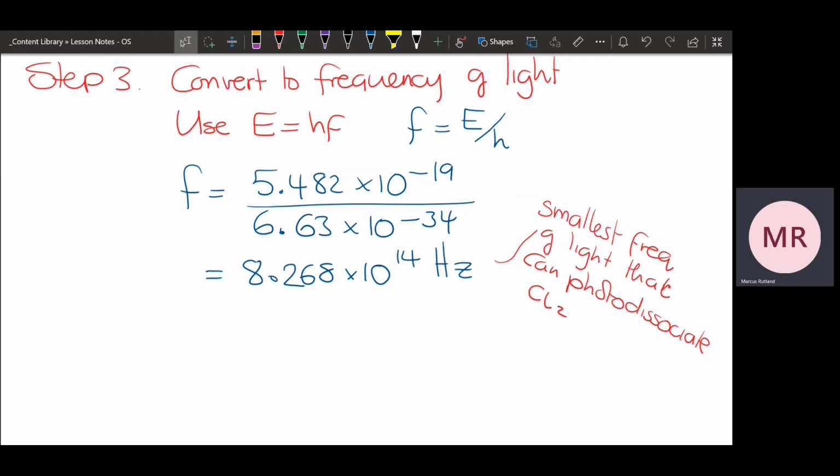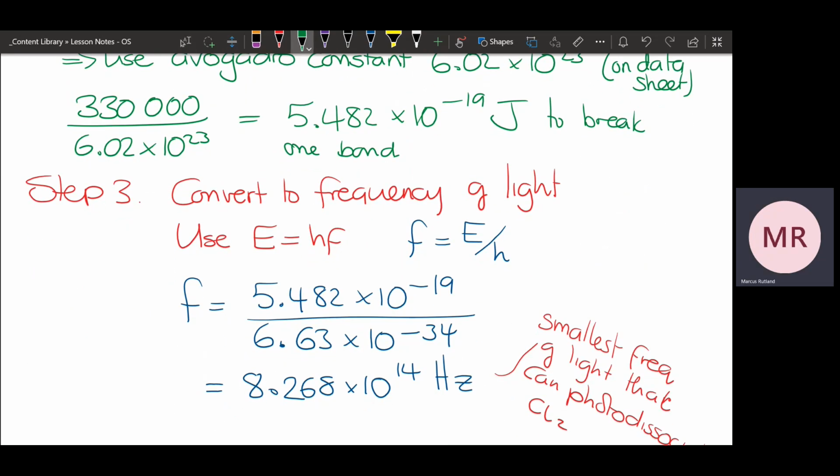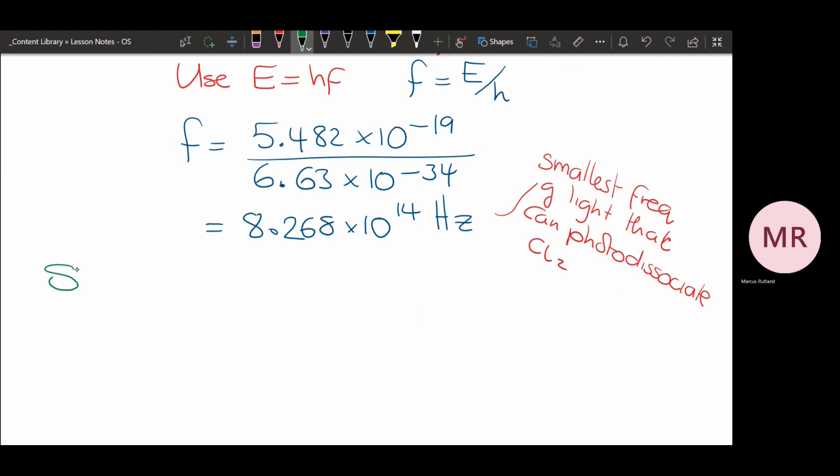So step 4 is to convert to wavelength. We weren't asked for frequency, we were asked for wavelength, so convert to wavelength.